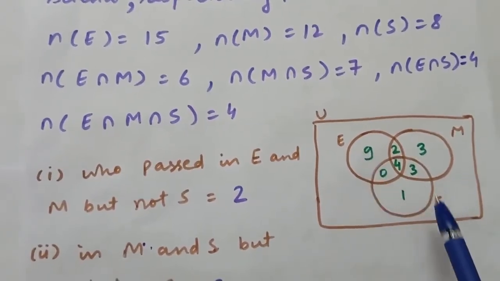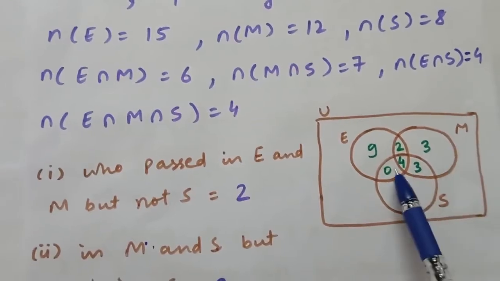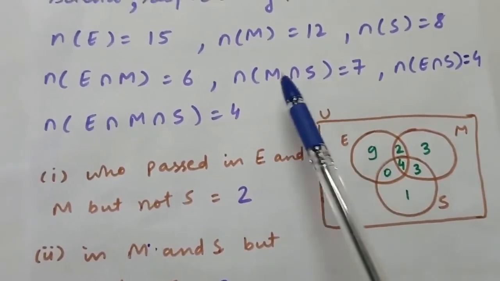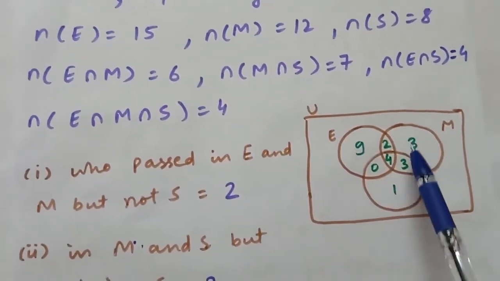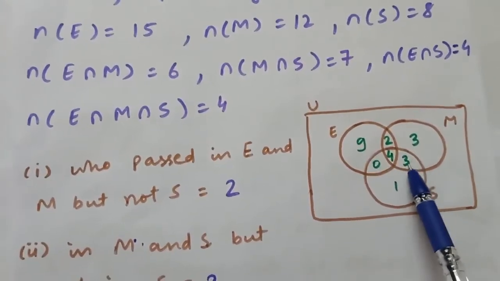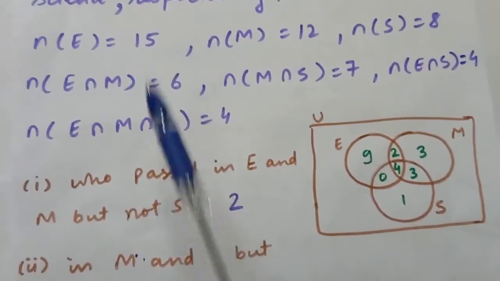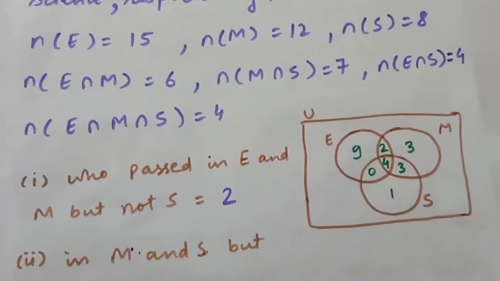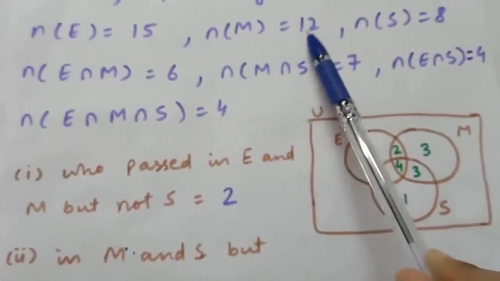Then English and Science. Number of students studying is 4. We have already written 4. Here 0 will come. And Maths and Science is 7. 4 is already there. So 3 will come. Right? Now number of students studying English is 15. 6 we have already written. So write down 9. Similarly, number of students studying Maths is 12.